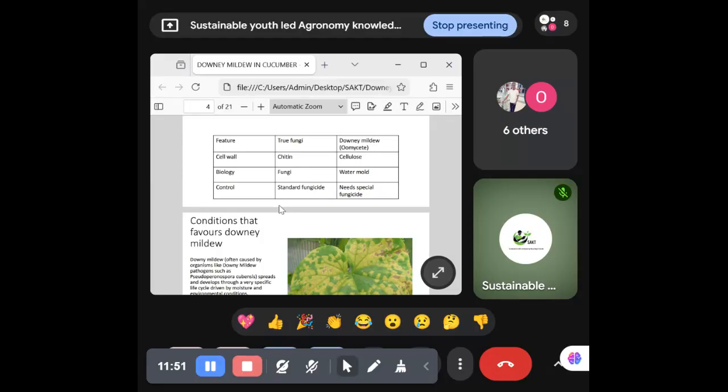It must be a fungicide that can act on water mold, not only something that treats fungi. That's where many farmers mix it up. Because you have downy mildew, the first thing you think of is to get a fungicide, but when you apply it, it does not give you your result. So in control, we are focused on getting a special fungicide that can treat that.